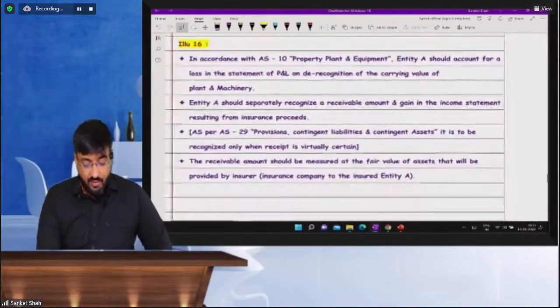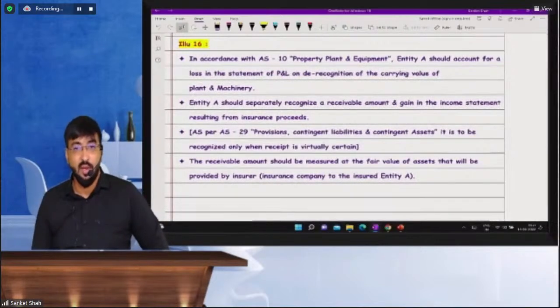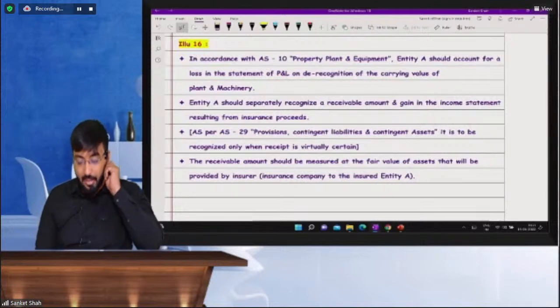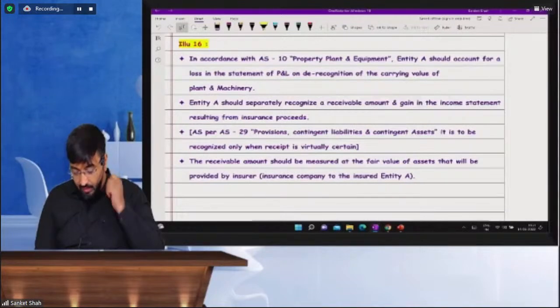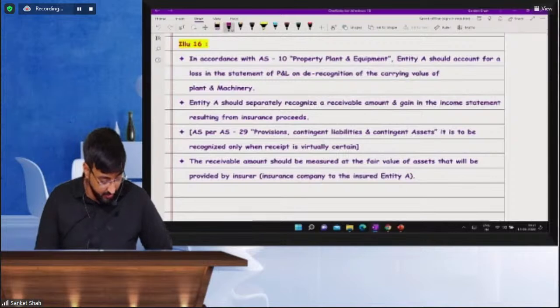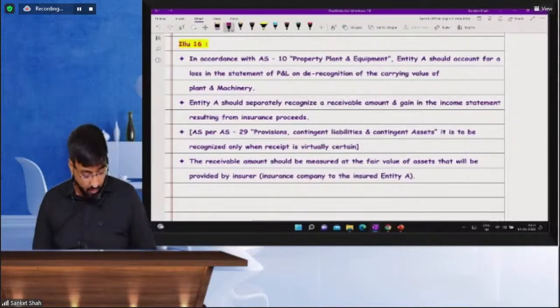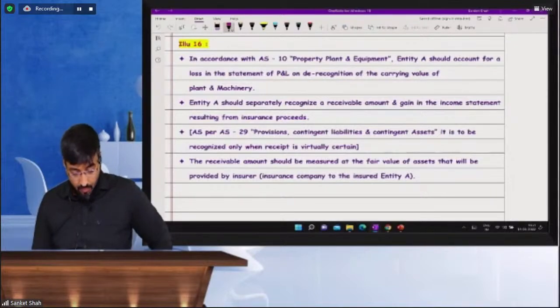In accordance with AS 10, property, plant and equipment, Entity A should account for the loss in the statement of profit and loss on the derecognition of the carrying amount of plant and machinery. Entity A should separately recognize a receivable and gain in the income statement resulting from insurance proceeds. This will be recorded as per AS 29, provisions, contingent liability and contingent asset, recognized only when it is virtually certain.